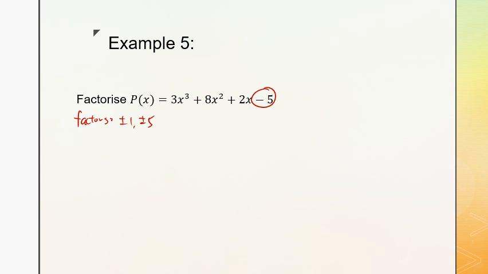Then again, you substitute into the polynomial function to test whether any value will give you the answer 0. However, if you try these 4 values, none of them will give you the answer 0.